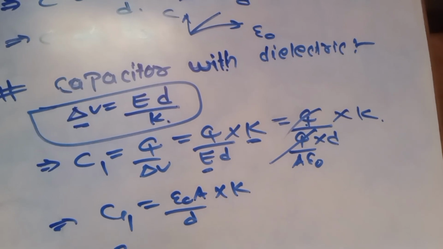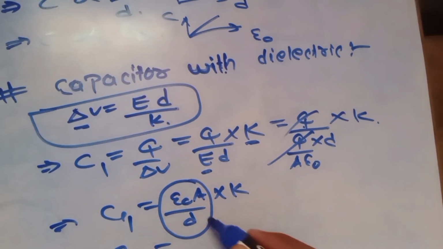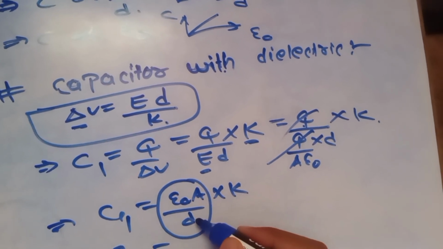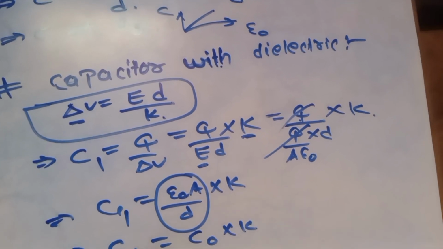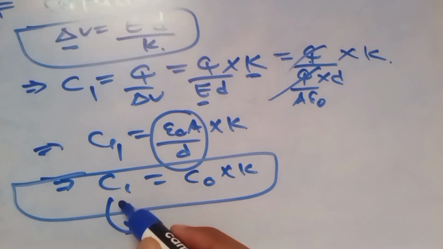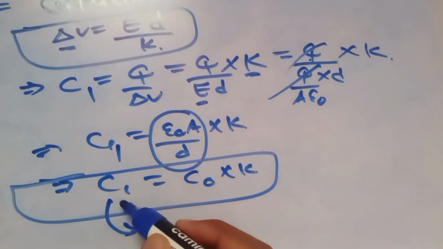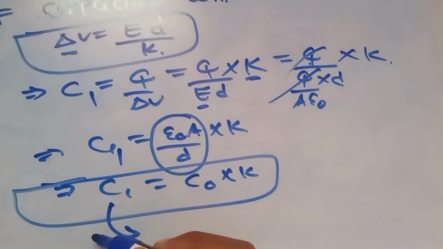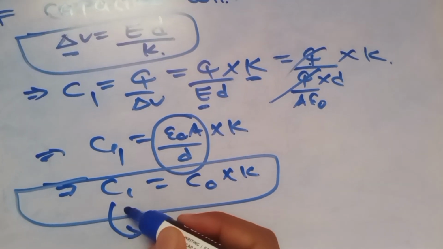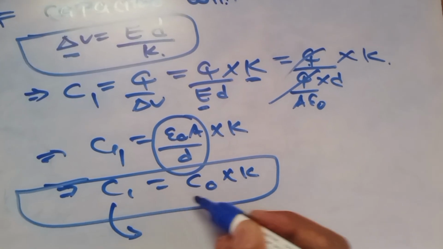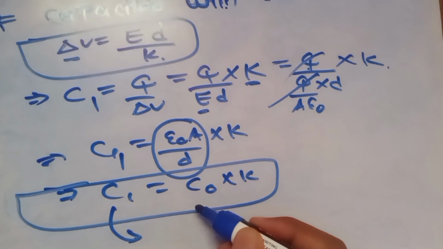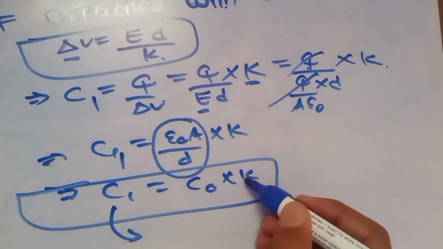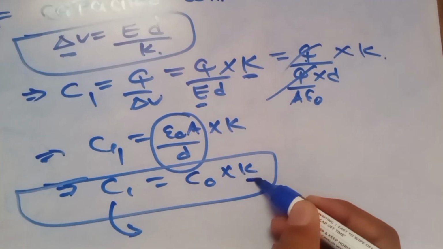So C1 equal to C naught into K. This is the capacitance of a parallel plate capacitor present in a medium of dielectric constant K, equal to C naught, the capacitance of the capacitor in air, into K, the dielectric constant.